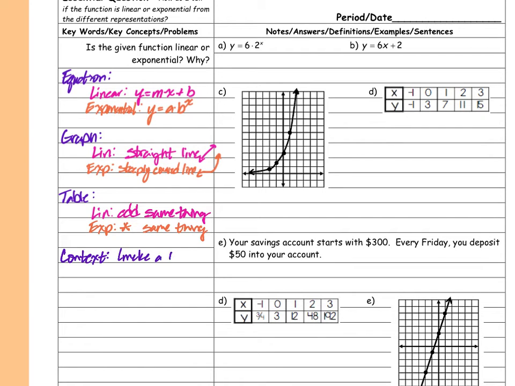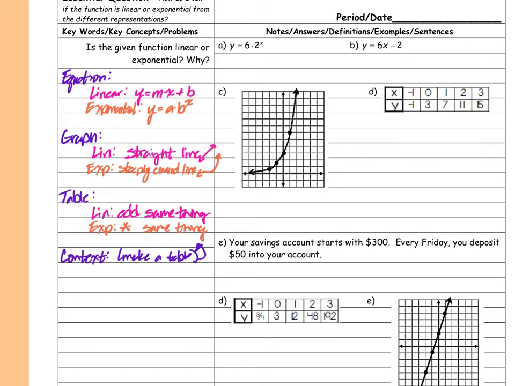Then we're going to use the rules here to decide if it's linear or exponential. We're going to look at it, try and see if it's linear or exponential.